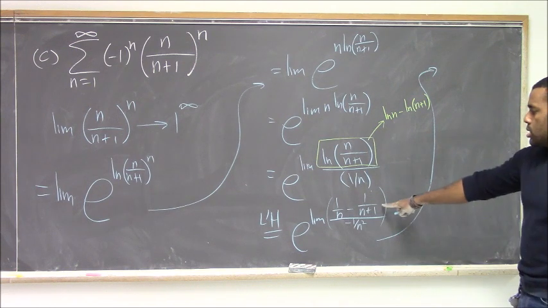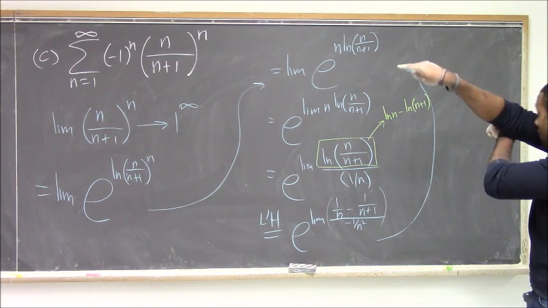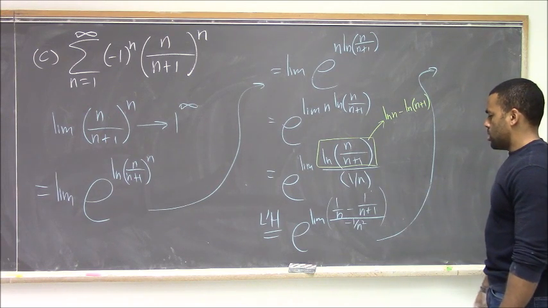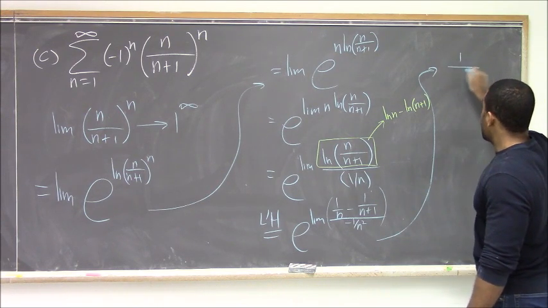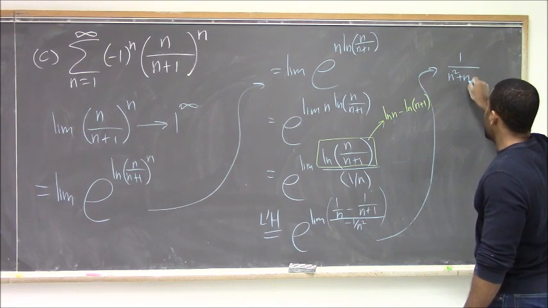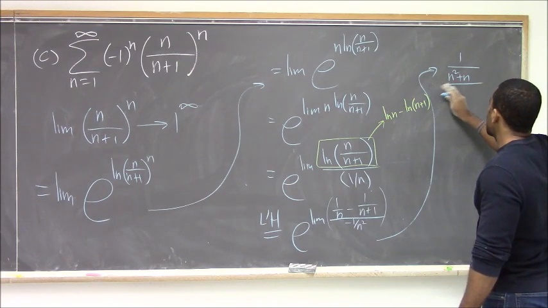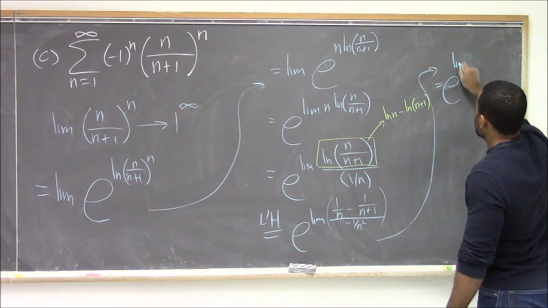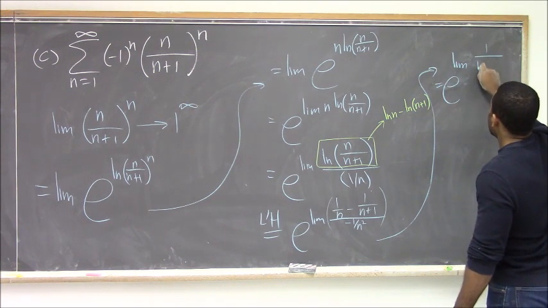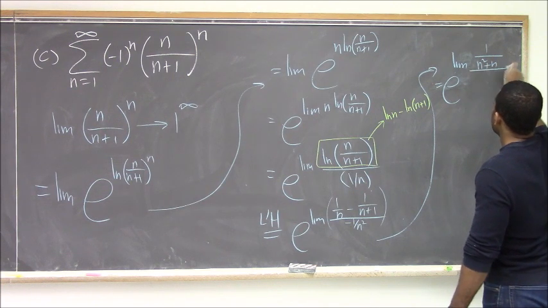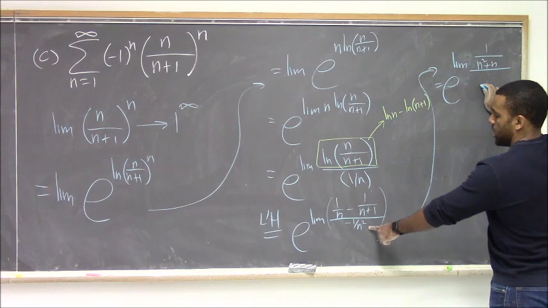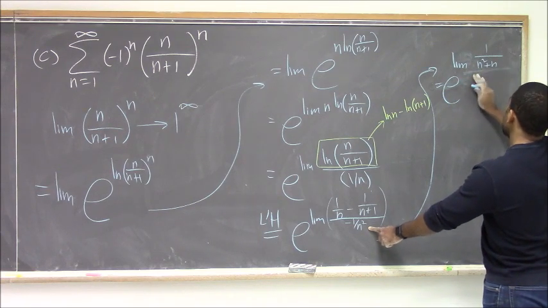So if I add the fractions in the top, that's actually going to be 1 over n squared plus n. So it equals e to the limit of 1 over n squared plus n over minus 1 over n squared, which means I can keep, change, flip.